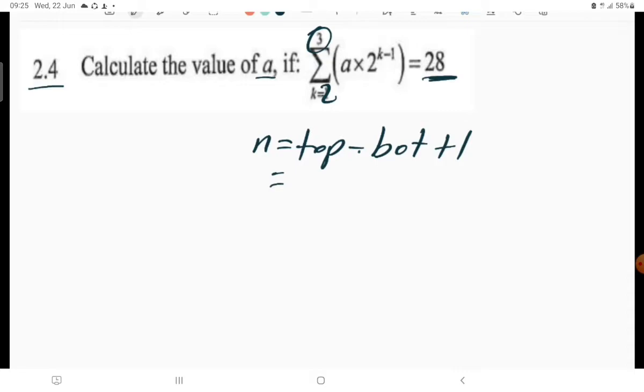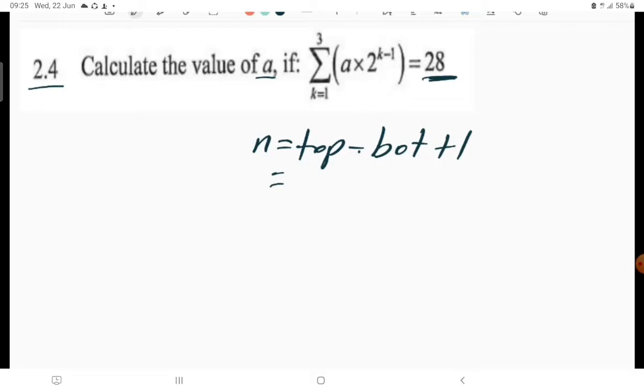That will make this one not to be the number of terms, because if we start from 2 to 3, we'll be having 2 terms to add. But if we start from 1, we'll be having 3 terms to add: term 1, term 2, term 3. But if we start from the second term, we are going to add the second term and the third term, which means only 2 terms will be added.